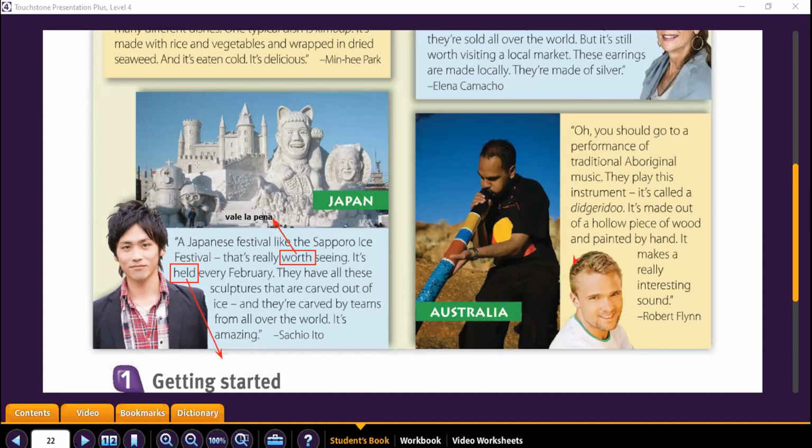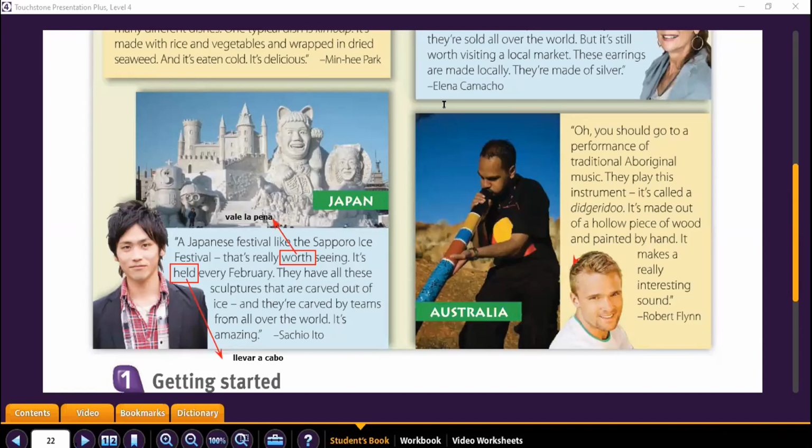Sí, se lleva a cabo, ese sería el significado. Llevar a cabo, ¿no? Se lleva a cabo todos los febreros, every February. Sí, también podría ser se celebra, Majo. Se lleva a cabo, se celebra todos los febreros.